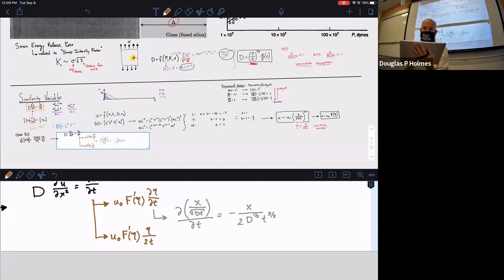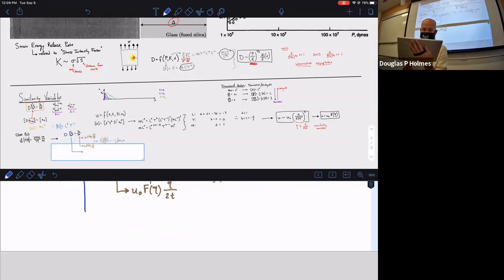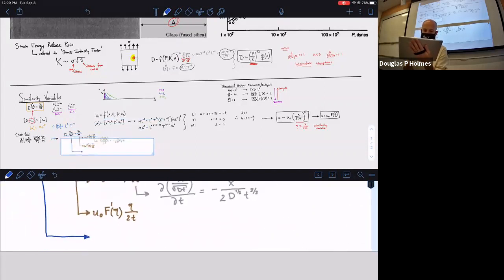I've got to do this again for the left-hand side. Let's pick a different color. So what am I doing here? I'm going to take two derivatives.